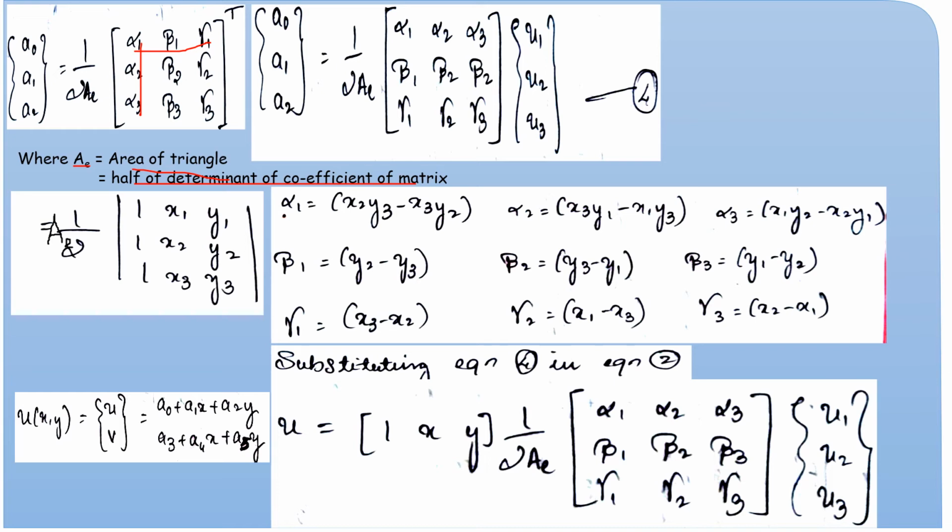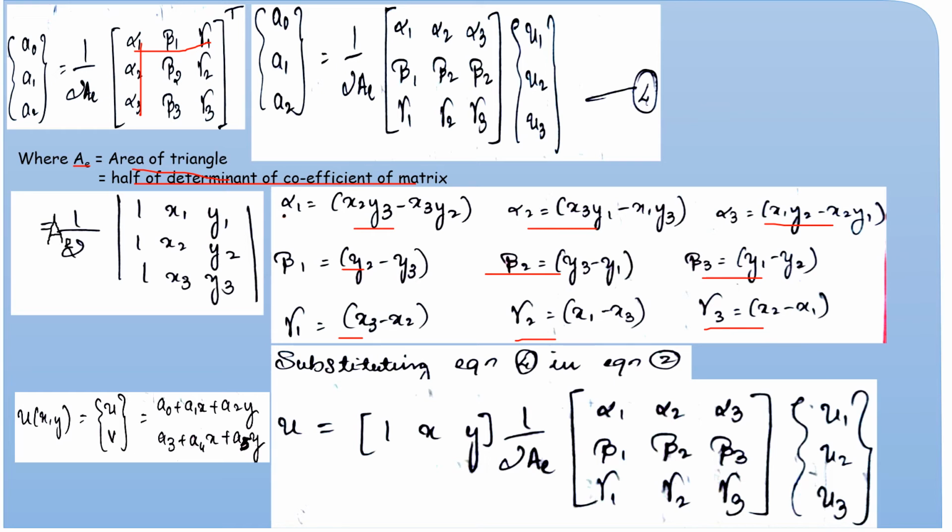1 by 2, determinant of 1 x1 y1, 1 x2 y2, 1 x3 y3, half the determinant of the given matrix is nothing but your area of a triangle. And these are your alpha 1, alpha 2, alpha 3, beta 1, beta 2, beta 3, gamma 1, gamma 2 and gamma 3 values.